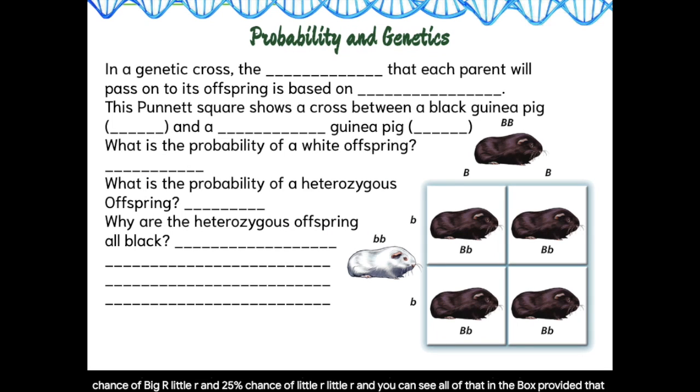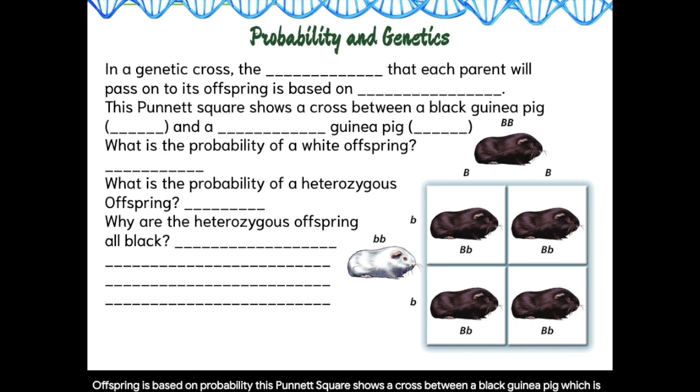So now we are going to be talking a little bit more about probability and genetics with some guinea pigs. In a genetic cross, the allele that each parent will pass on to its offspring is based on probability. This Punnett square shows a cross between a black guinea pig, which is big B, and a white guinea pig, which is little b.